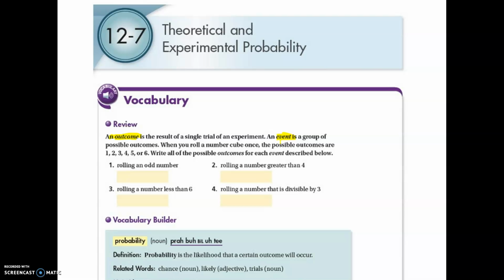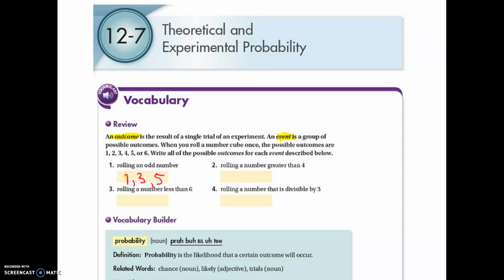So, for example, when you have a dice, they call it a number cube, the possible outcomes are 1 through 6. So, if we wanted to write all the possible outcomes for each event described below, you would just list those possibilities. So, for example, rolling an odd number, we know that that would be a 1, a 3, or a 5.